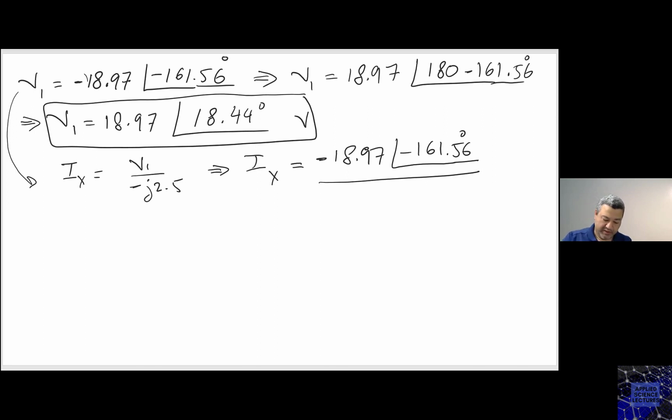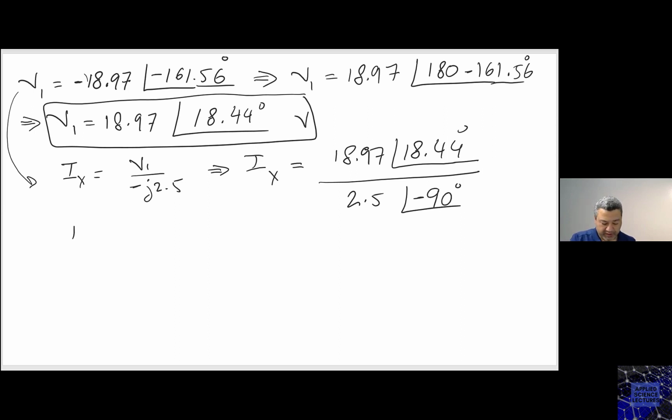Anyway, let's keep it as 18.97 with angle 18.4 degrees, and this is 2.5, and minus j is minus 90 degrees.